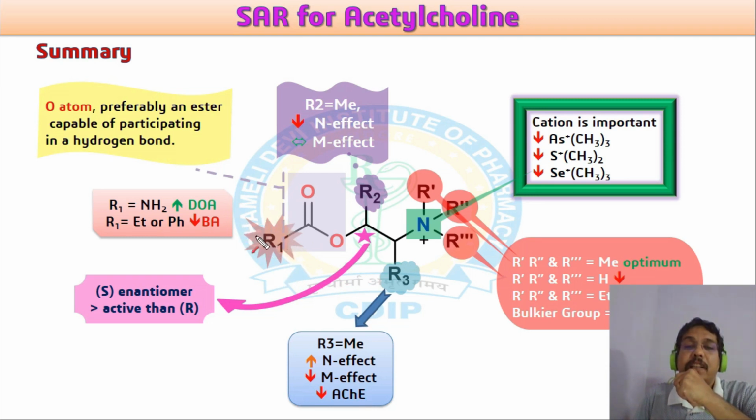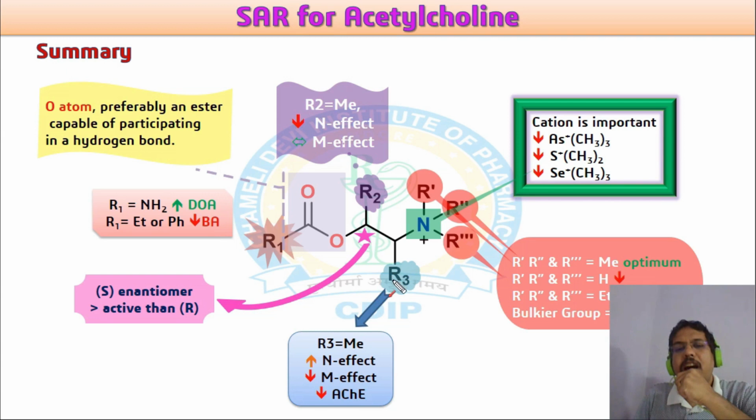If you look at the R1 group, NH2 increases duration of action, but if we modify this R1 by ethyl or phenyl, then biological activity decreases. If we change the beta carbon by means of R2 methyl, the nicotinic activity decreases, but the muscarinic activity remains at par with the congener.